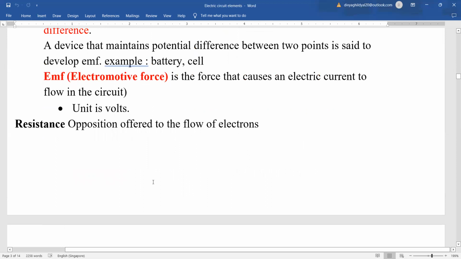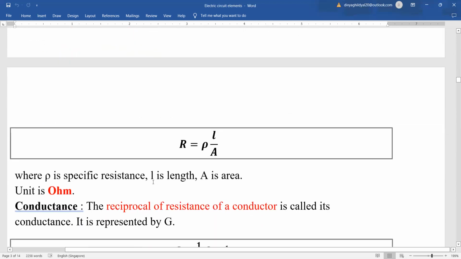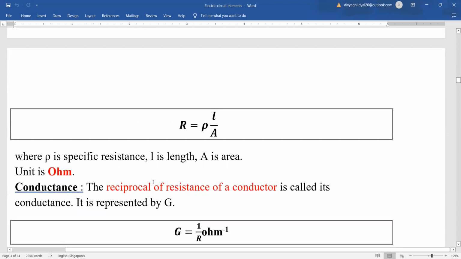Resistance is defined as the opposition offered to the flow of electrons, and its very basic formula is resistance is equal to specific resistance into length of the wire divided by its area. The unit of resistance is ohm.